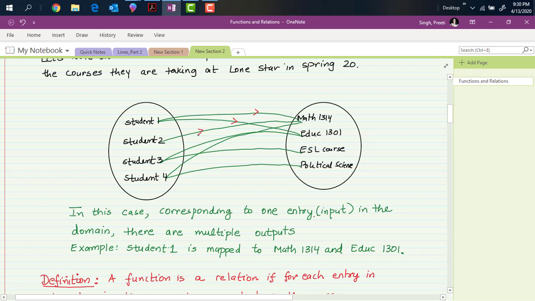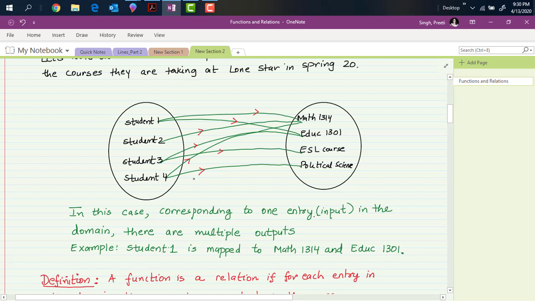Student 2 is only mapped to 1314. Student 3 again has two outputs corresponding to one input, EDUC and ESL. And student 4 has 1314 and political science. So some of the students have one output, some have two. This is a nice relation of the students with the courses they are taking at Lone Star in the spring of 20.